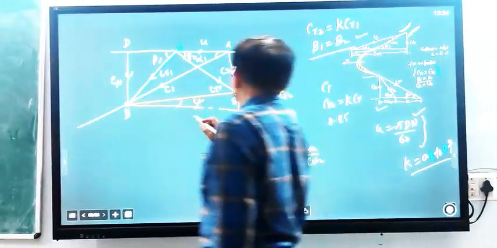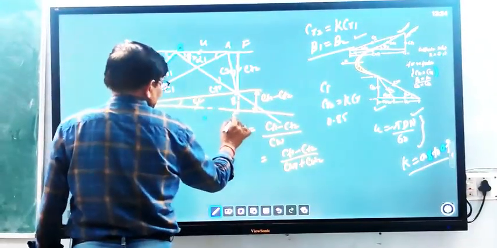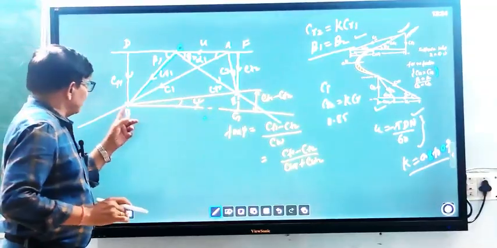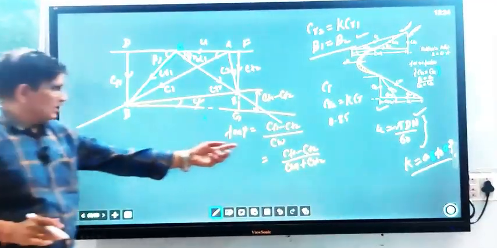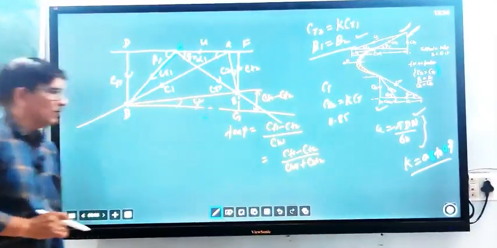From this triangle BEFG, EG upon BF equals tan psi. So tan psi equals CF1 minus CF2 upon CW1 plus CW2.